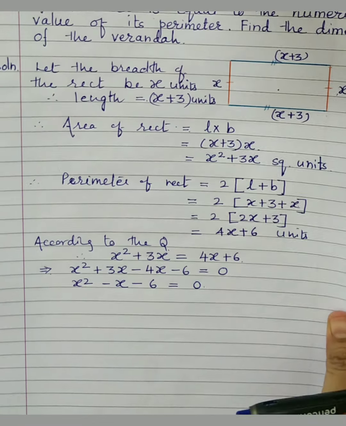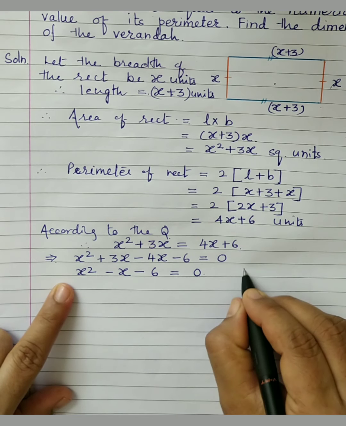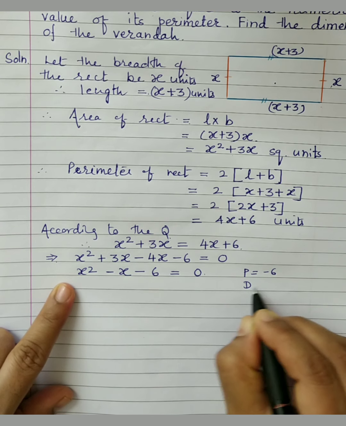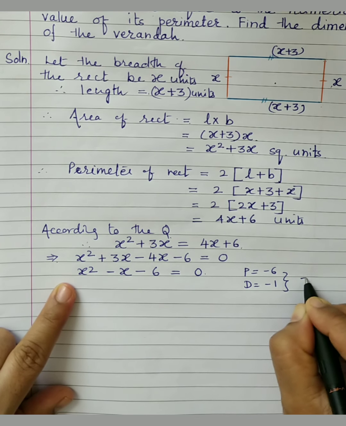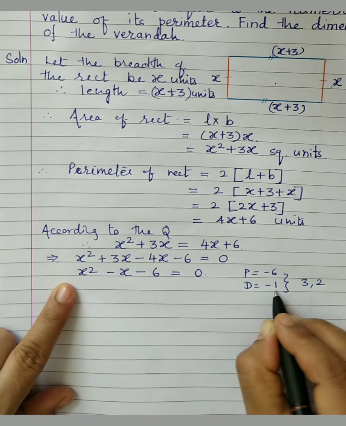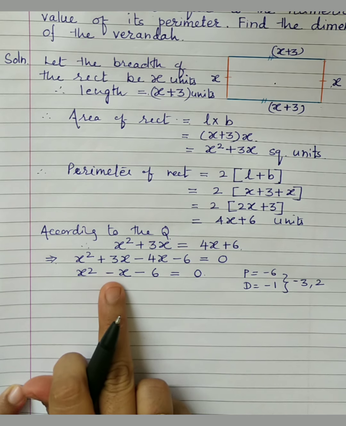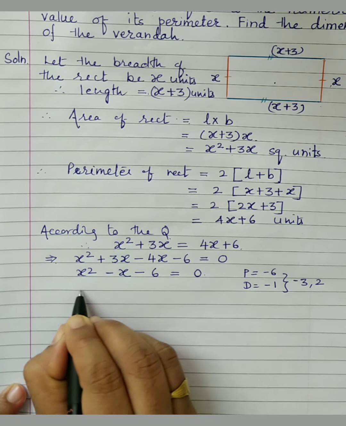Now, what is the product here? Minus 6. What is the difference? Minus 1. Numbers we know, yes, 3 and 2. Which 3? Minus 3. Why? Because the middle term's sign is minus. Now, directly can we factorize?